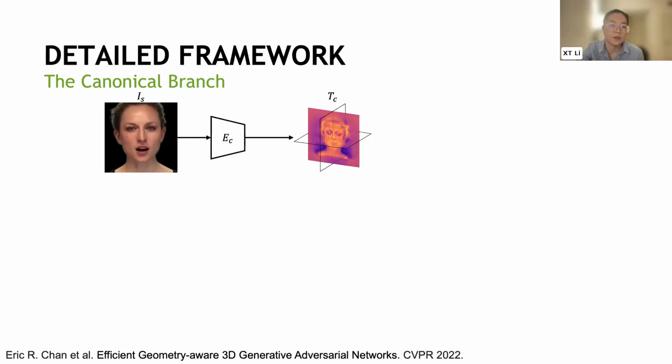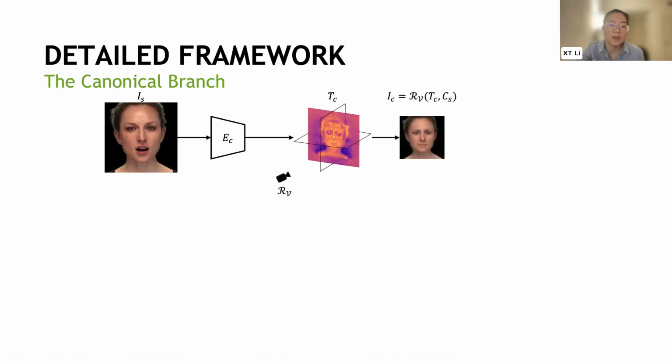And also it shows strong performance in previous generative models. In this branch, we also have an extra constraint that enforces the triplane to produce a neutral expression. By doing so, we are wiping out the source expression in this branch. This will make the expression branch learning later on easier.